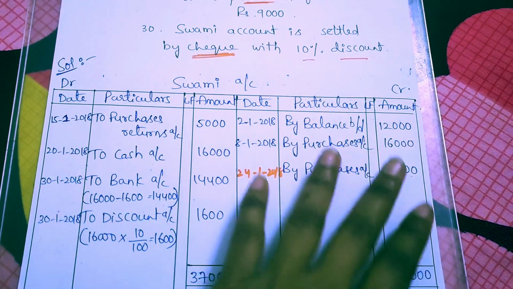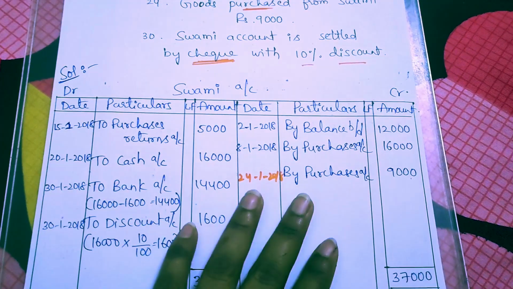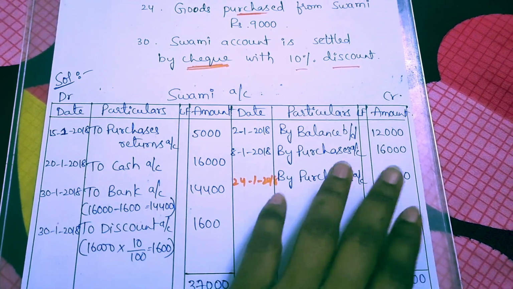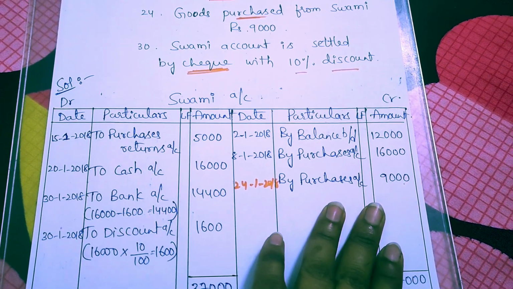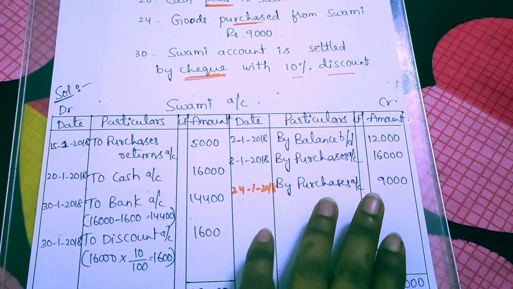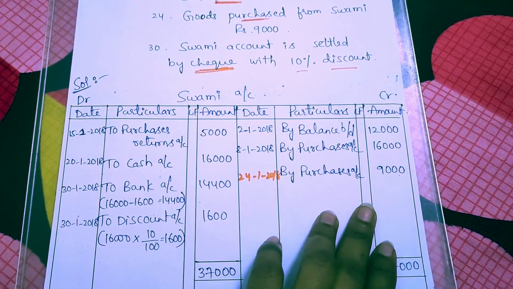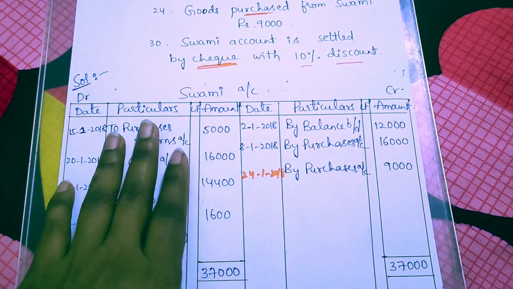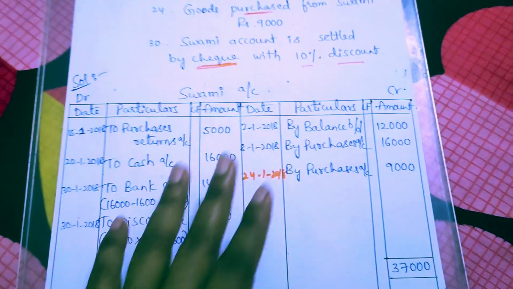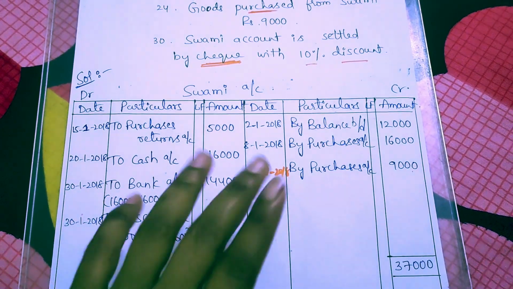Okay. So in the previous problem, in first question, whatever I explained, we actually got less amount on credit side. So there only we have recorded settlement. By cash account, by discount we wrote in the previous problem. But here we should see where actually the amount is less. Debit side or credit side. That side we should record regarding this settlement.